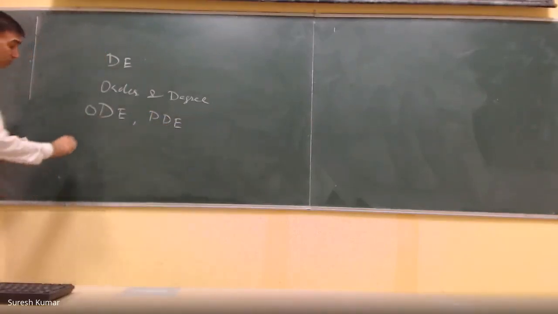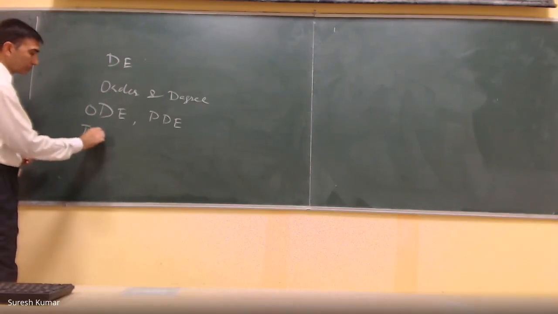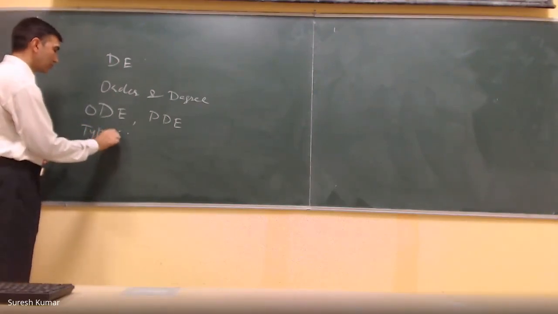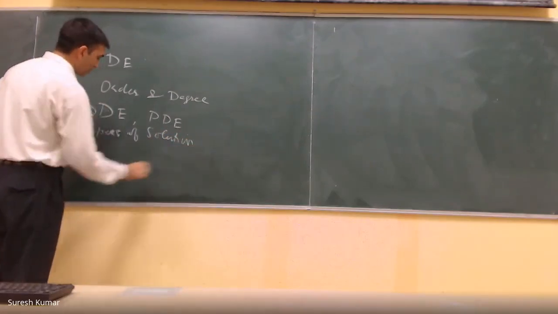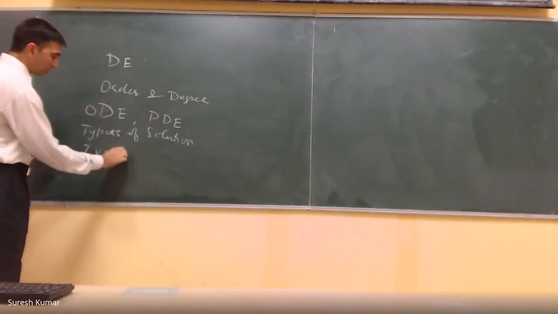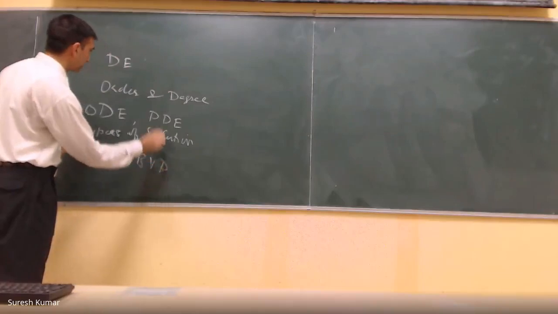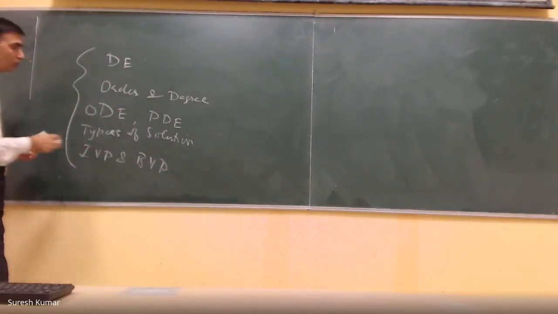After that, types of solution. Then initial value problem and boundary value problem. You can recall that one by one.